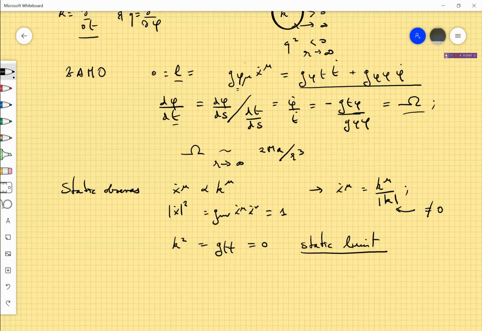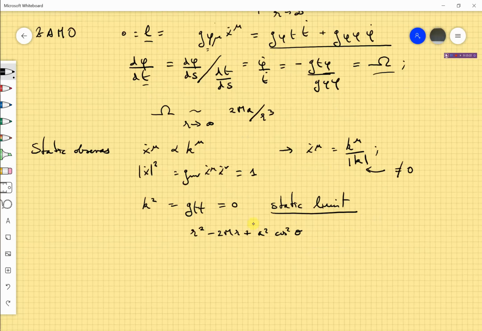We just have to look at the numerator of this quotient, which is r squared minus 2mr plus a squared cosine squared theta, and this vanishes. The place where this vanishes is the static limit, and there are two roots for this second order equation.